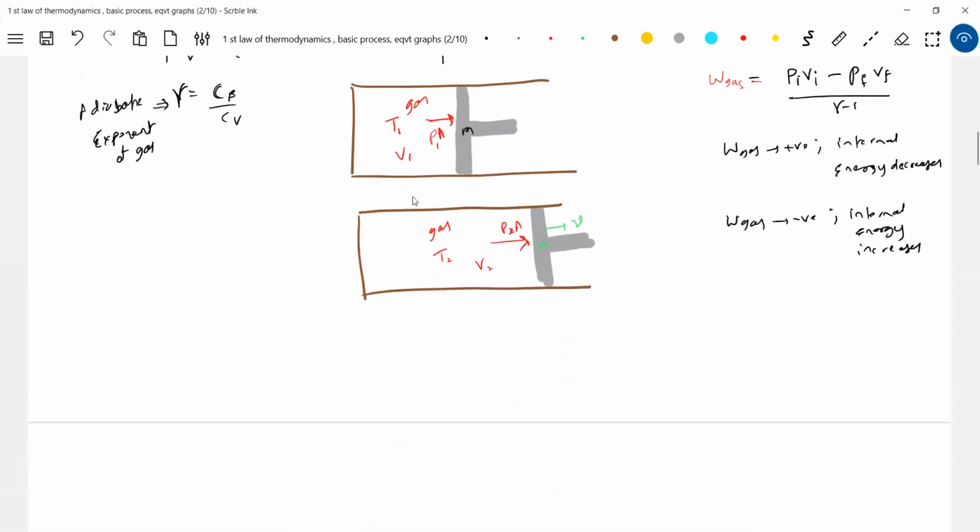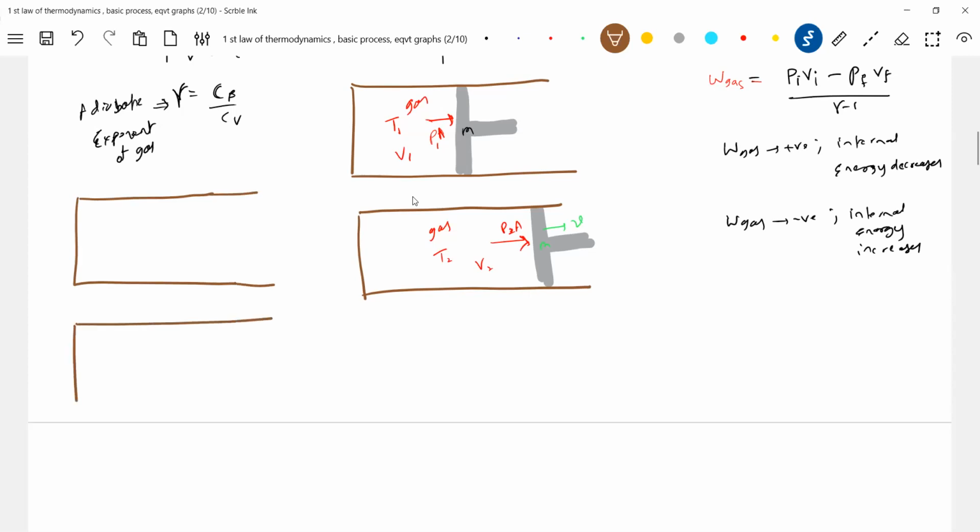We can also put it in another way. The piston is here. Now the external agent will push that piston. So this is the gas, and this is the external agent. Slowly let him push.